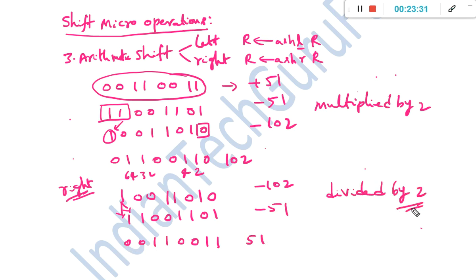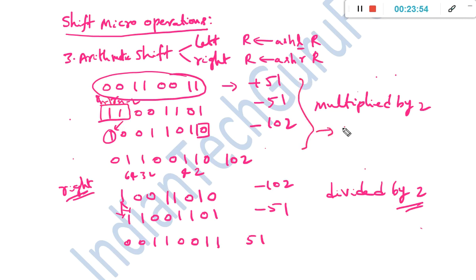Okay. So like this we are going to perform the arithmetic left shift operation as well as the arithmetic right shift operation. We need to be careful whenever we perform the left shift operation. We need to make sure that the Rn minus 2 value and Rn minus 1 value are the same.